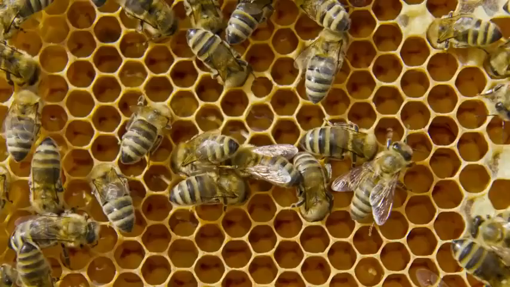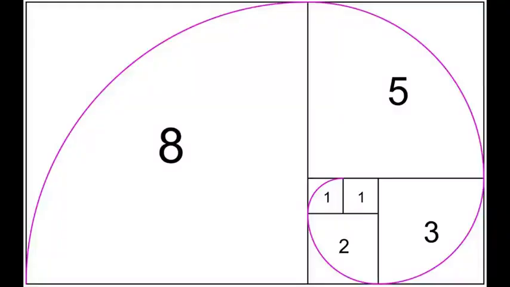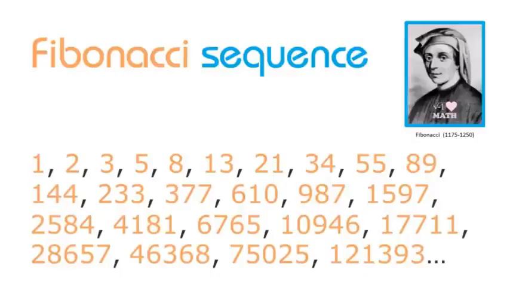Hexagonal efficiency is just one geometric design found in living organic matter. There is a sequence and ratio underpinning all geometric shapes, life, and matter itself. These are the Fibonacci sequence and the golden ratio. The Fibonacci sequence, the mathematical sequence of adding the last two numbers that came before, starting with 1.